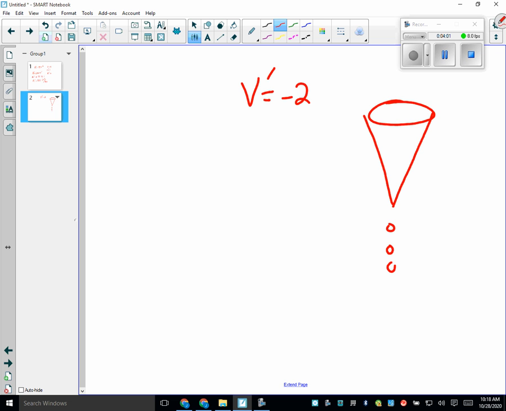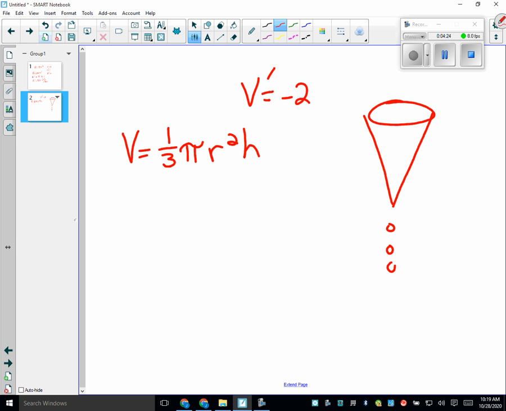Now, this one's a little bit tricky because the volume of a cone is 1/3 pi r squared h. And I have so many things changing, I've got to get rid of one of them.